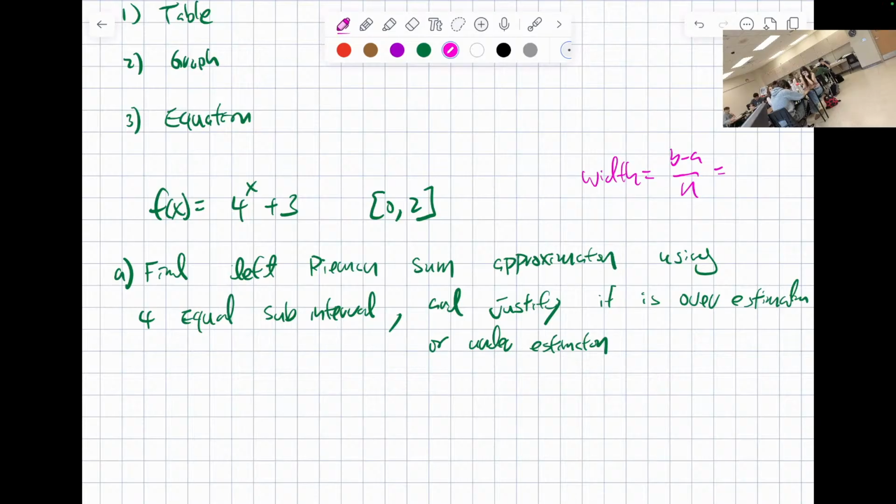So it's 2 minus 0 over 4, so that's half. That means each interval increases by half. And then you can find the output by plugging into the equation. Does that make sense? Then you construct your own table. Now I give you an equation, and you have to construct your own table. Is that okay?